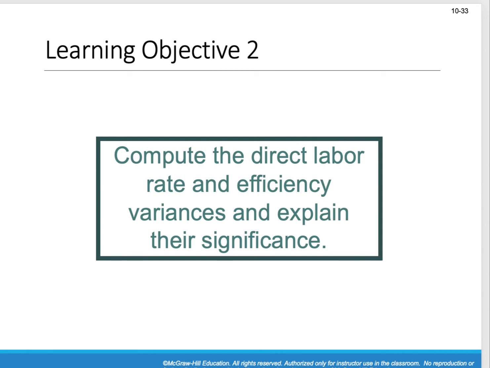If it was a little fuzzy, relax, because we're going to do the same exact thing in our next video when we look at direct labor rate and efficiency variance. We're just using different names. Instead of saying price, we're saying rate. Instead of saying quantity, we're saying efficiency. Okay, so tune back in for that video.